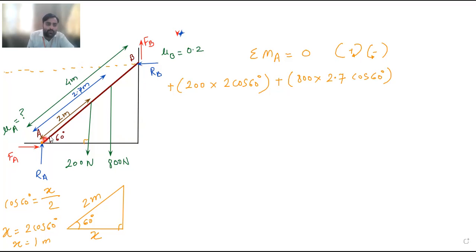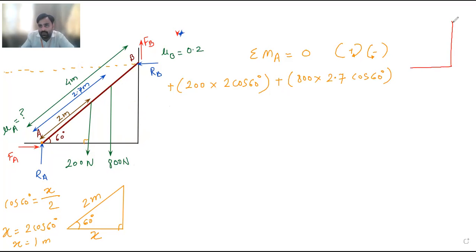Now if you consider this total triangle, this angle is 60 degree. If this total is 4, then this will be 4 sine 60, and this will be 4 cos 60. See, if I draw this big triangle roughly, it is like this.